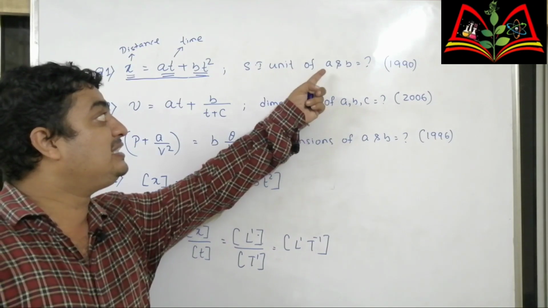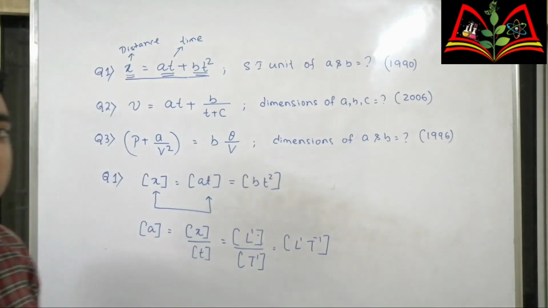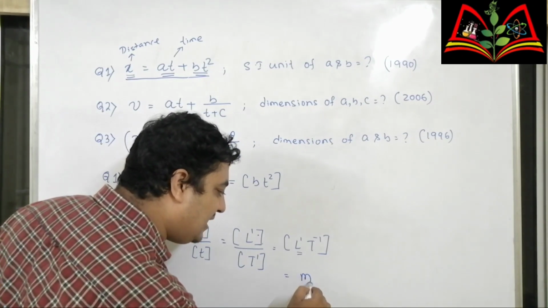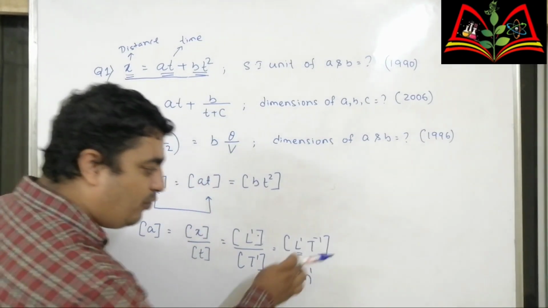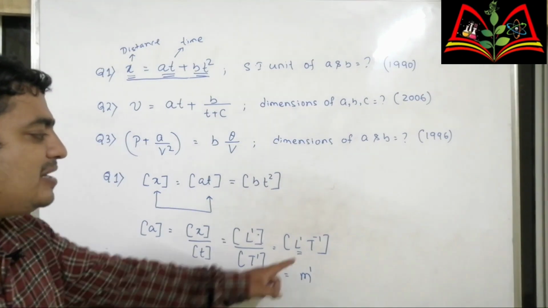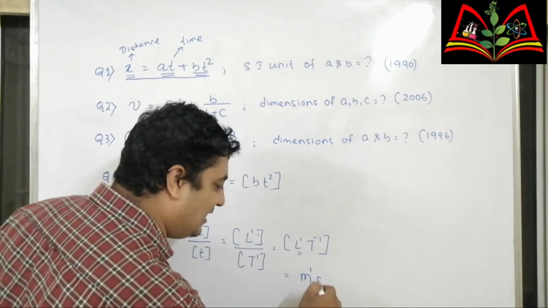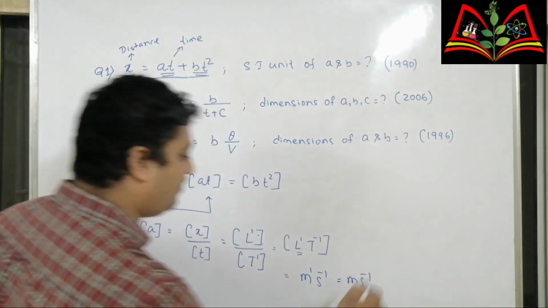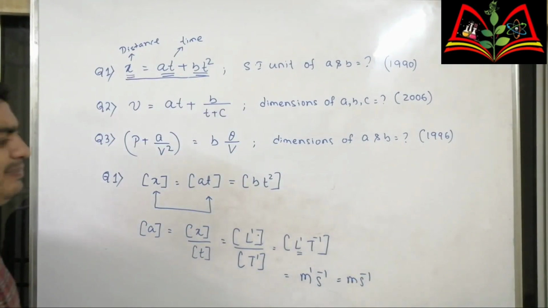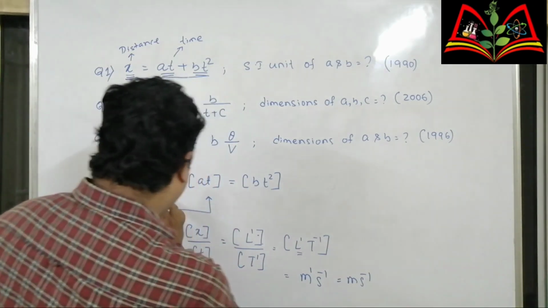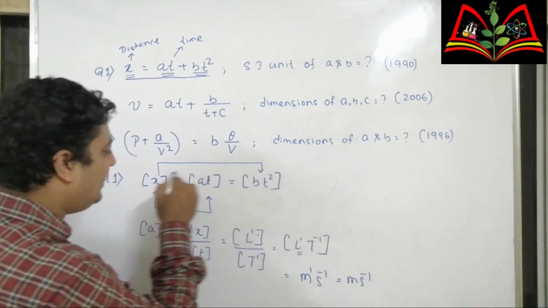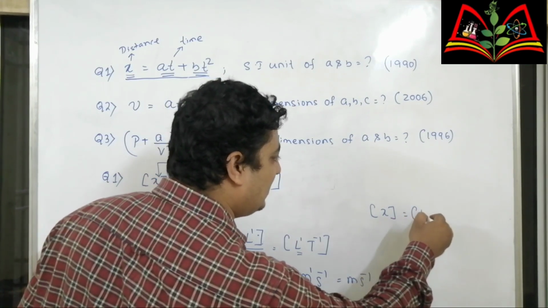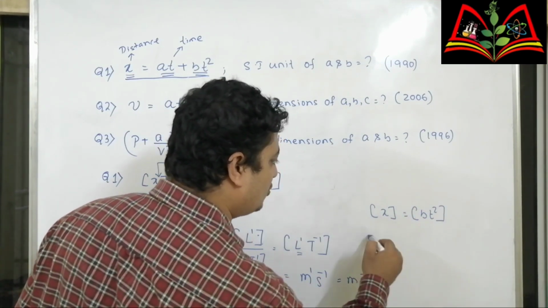But the question asks what is its SI unit. Now the SI unit of length is meter, so meter to the power 1, and SI unit of time, it is second, so second to the power minus 1, or we can say meter per second. Similarly, if we proceed, we can compare these two quantities. Now we can write dimension of x, it is equal to dimension of bt square.